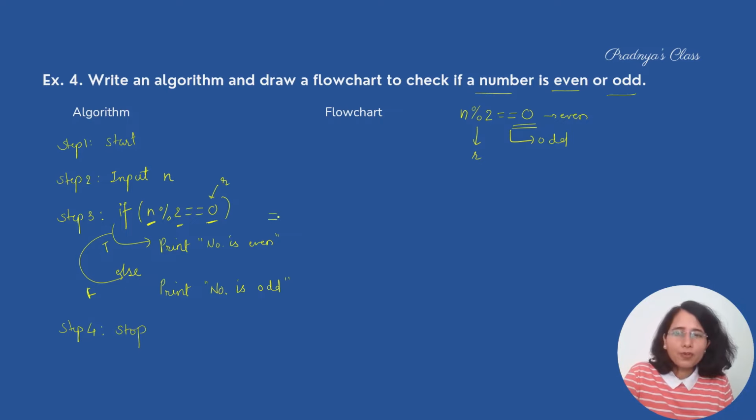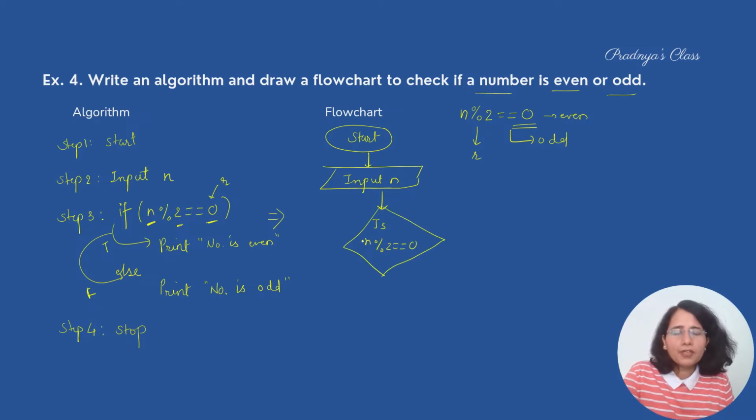Now let's try to draw the flowchart for it. The first step is start, so we will use an oval for that. In the next step we have to take the input. In the next step we have to check whether the number is completely divisible by 2 or not. For that we are using a rhombus.